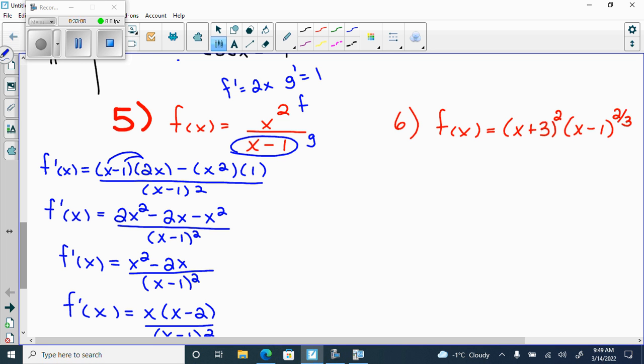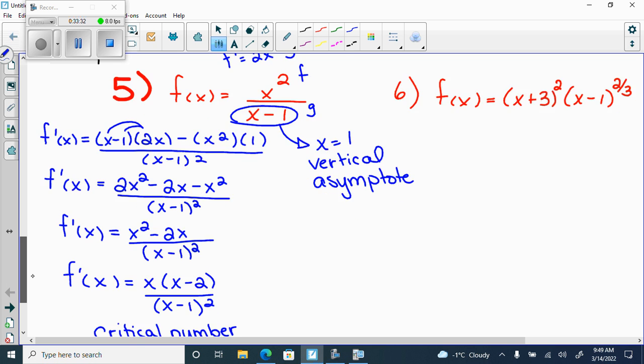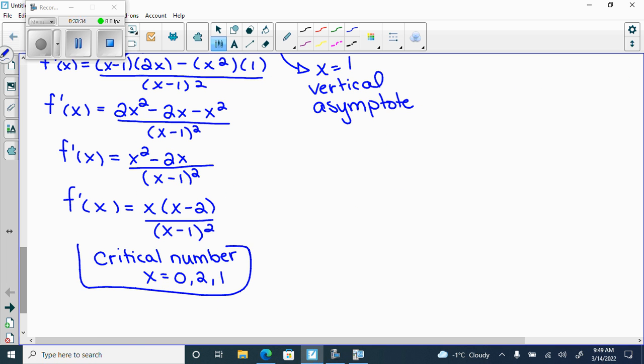I told you guys this already. When you see it, it just asks for removable discontinuity. So this is a vertical asymptote, which is true, but still, this is a critical number.